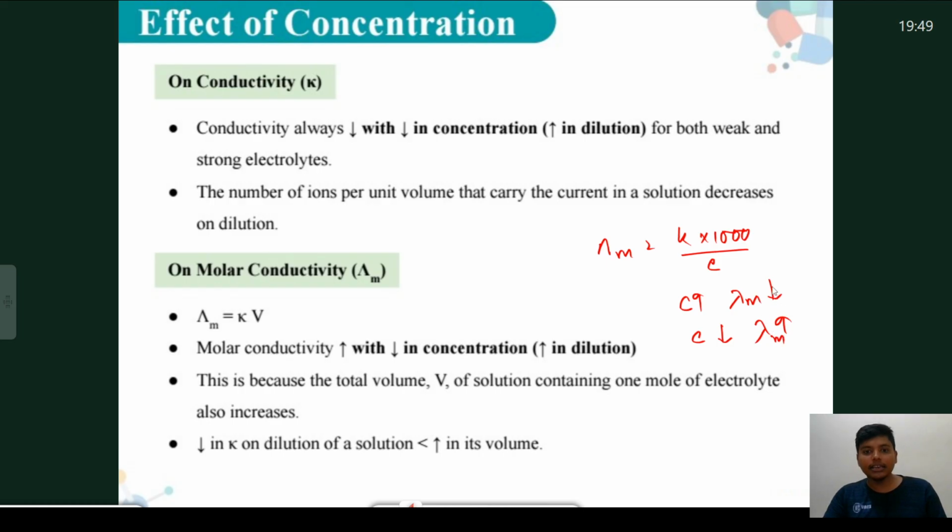Decreasing concentration means dilution. So if you dilute any solution, concentration will decrease and lambda m value will increase. But remember, conductivity always decreases when concentration decreases, but molar conductivity is the reverse. This thing is very important.